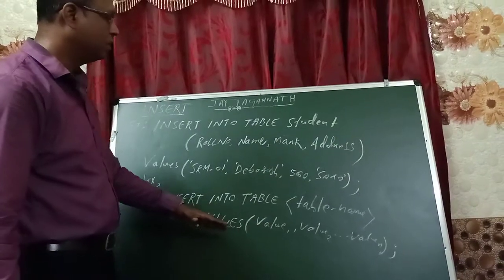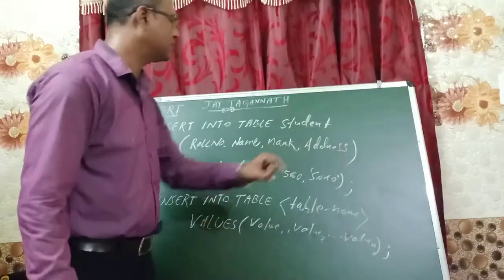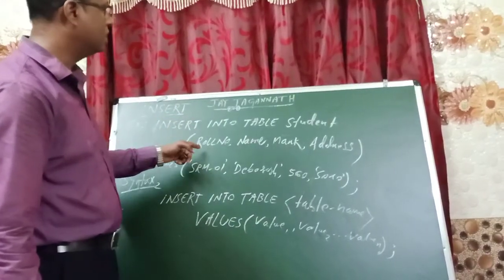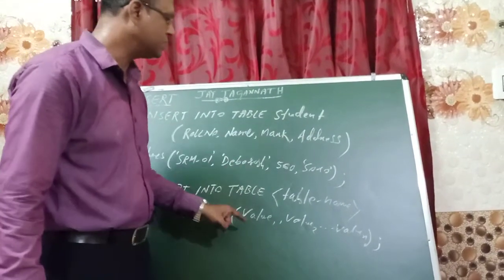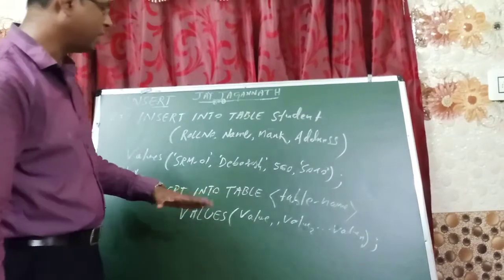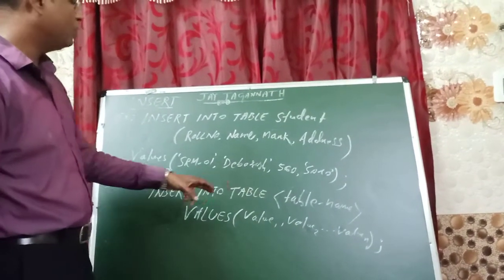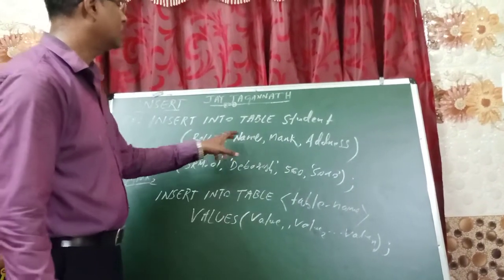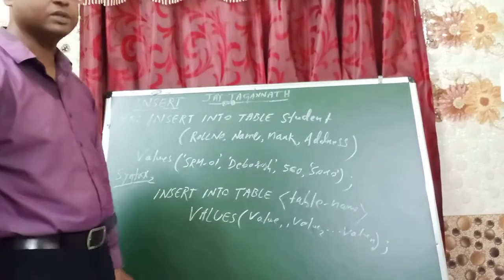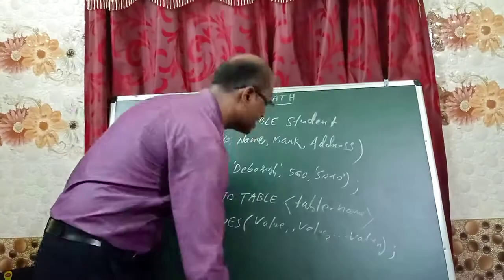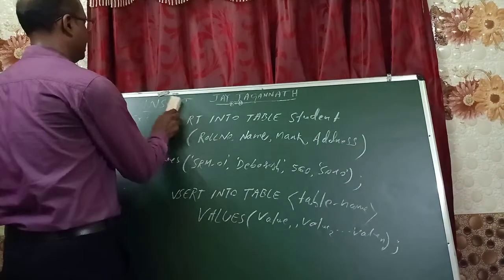We have to arrange the values in such a way that in which order column names are there. One benefit is there. We didn't mention the column name here. Directly you can insert the values using values keyword. This is different syntax of insert command.